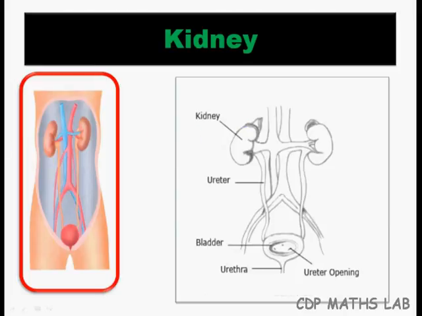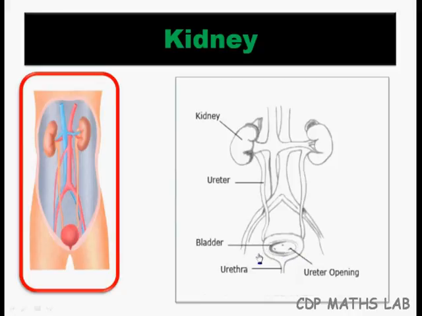Now, we're going to look at what happens in the kidney. Let's take note of the structures. So we have a left and a right kidney. We have another tube running from the kidney to the bladder, which is called a ureter. We also have the bladder. Basically, this area stores the what?